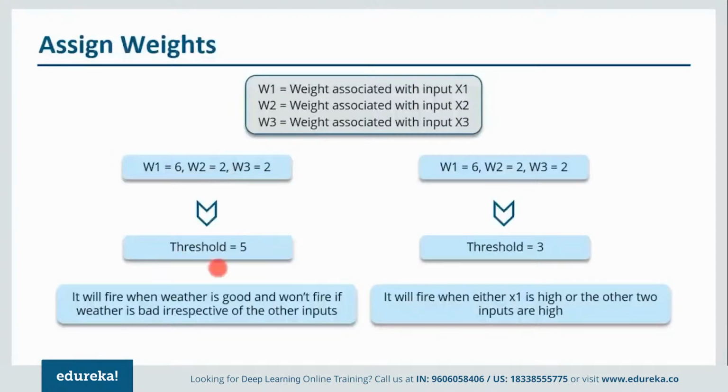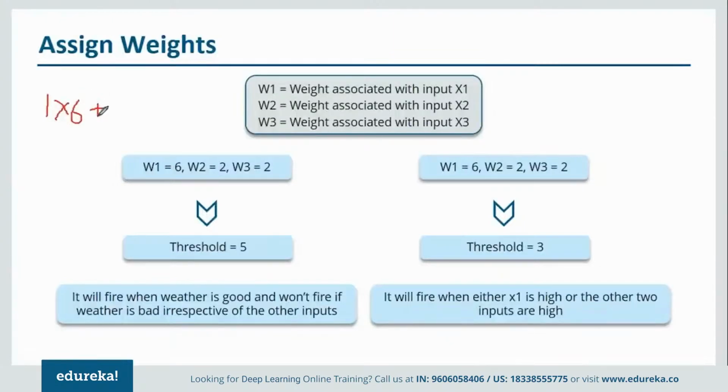After that, I've defined a threshold value of 5, which means that when the weighted sum of my inputs is greater than 5, only then will my neuron fire, or only then will I go to the beer festival. So I'll use my pen and we'll see what happens when weather is good. When weather is good, our X1 is 1, our weight is 6, so we multiply it by 6.